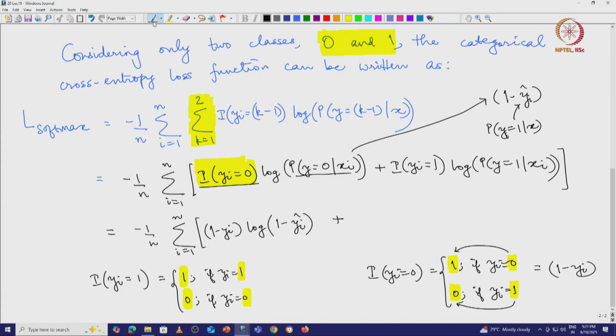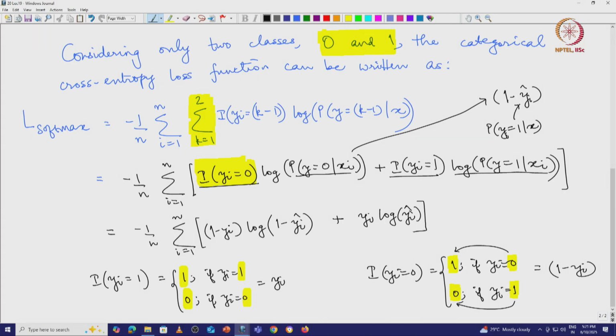So therefore the indicator is simply equal to yi itself, right. So this term we can replace by yi, and finally the log of p(y equals 1) is simply the output of the logistic function, right. So that is log of yi hat.